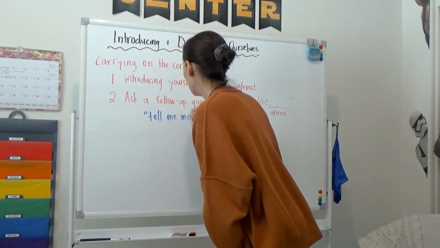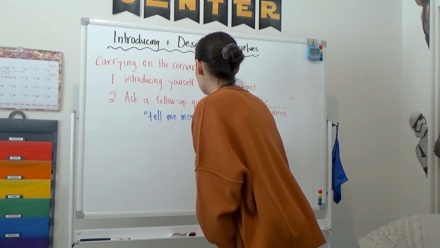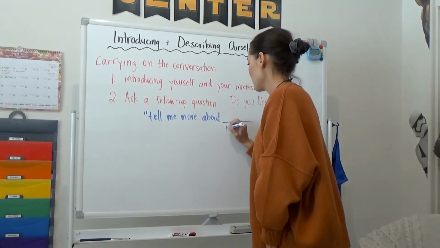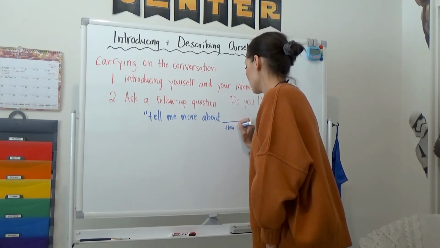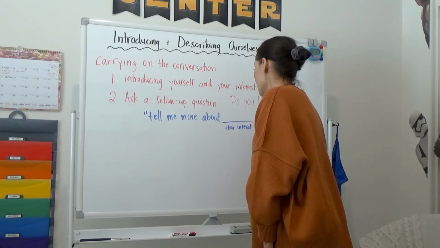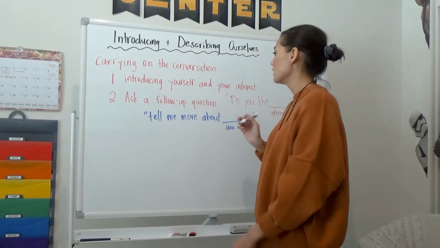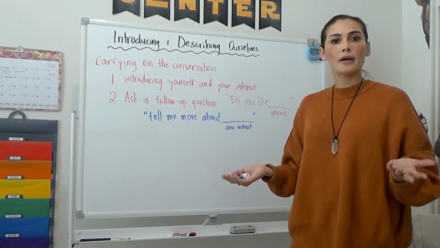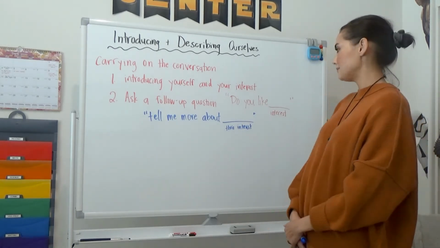Tell me more about blank, which is their interest. In this way, you're getting to know the person better, and you get to learn something new in the process, which is always cool, right?